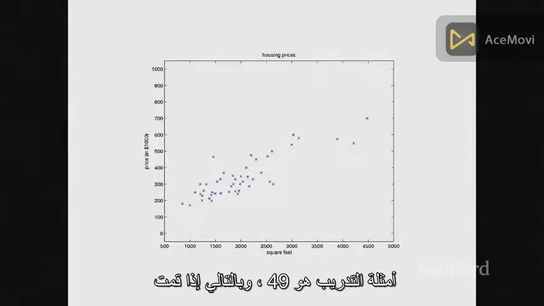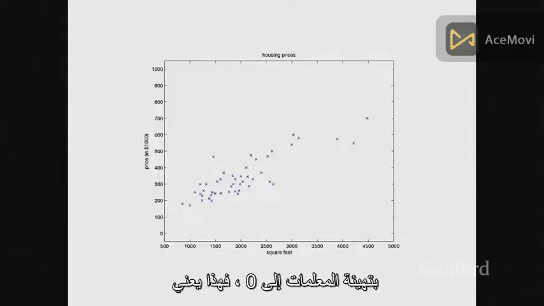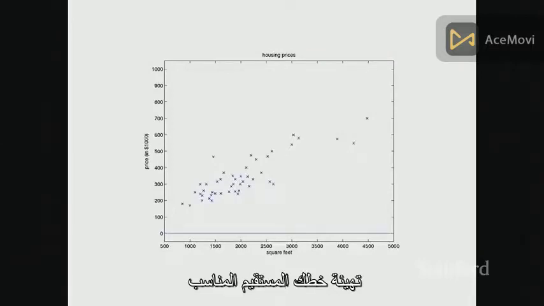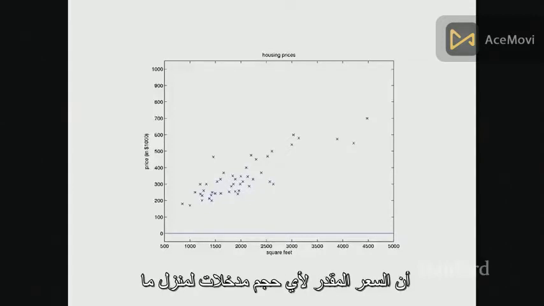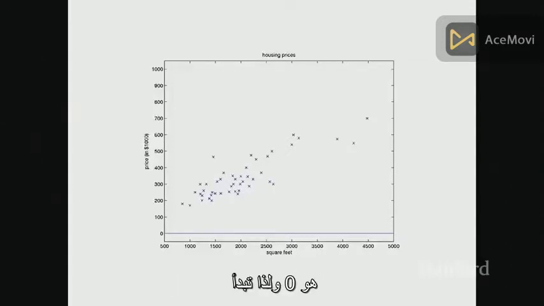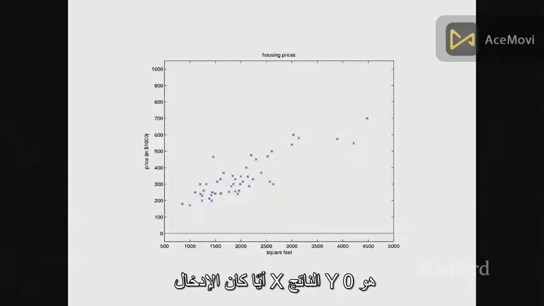And so if you initialize the parameters to 0, that means initializing your hypothesis, or your straight line fit to the data, to be that horizontal line, right? So if you initialize theta 0 equals 0, theta 1 equals 0, then for any input size of household, the estimated price is 0. And so your hypothesis starts off as a horizontal line. Whatever the input x, the output y is 0.